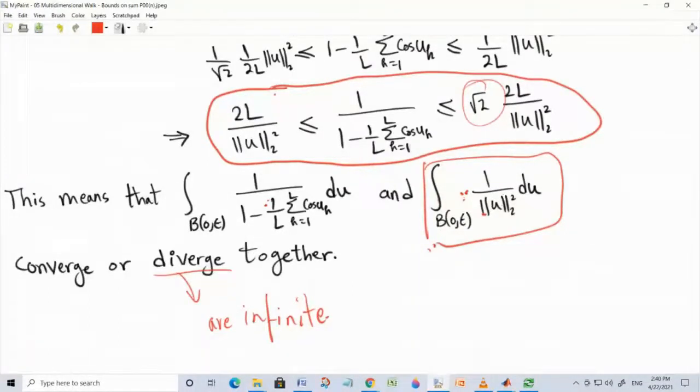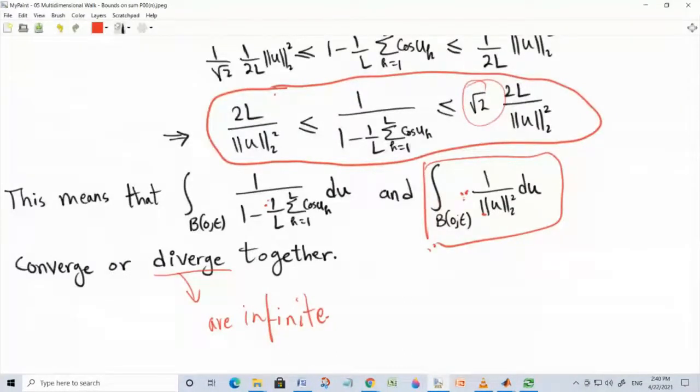Okay, so is this integral doable? The integral of 1 over the L2 norm squared? Yes. Whenever you have something involving the L2 norm squared, you can use spherical coordinates.